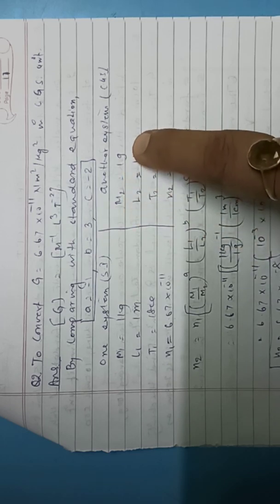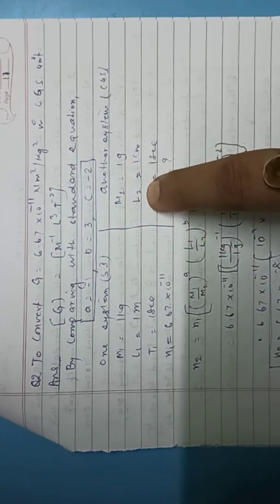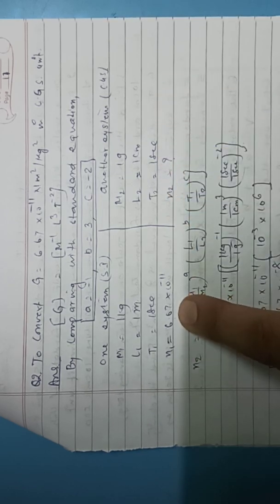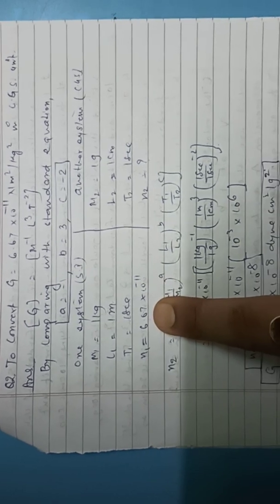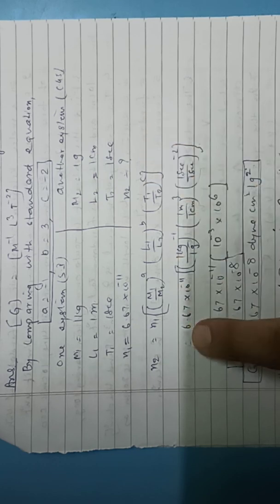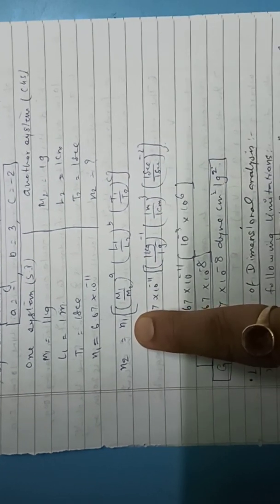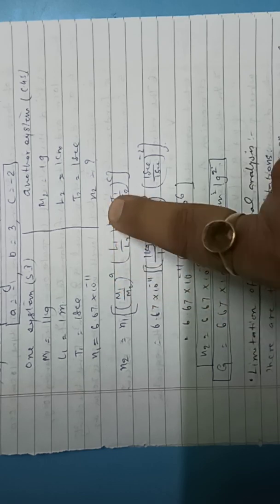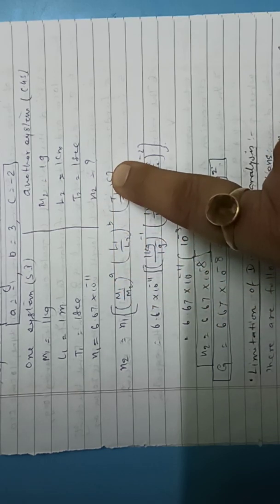In the same way, M2 is equal to 1 gram, L2 is equal to 1 centimeter, T2 is equal to 1 second, and N2 is equal to what? N1 is also given, 6.67 into 10 to the power minus 11. Now we write the formula: N2 is equal to N1 (M1 by M2) raised to power a, (L1 by L2) raised to power b, (T1 by T2) raised to power c.